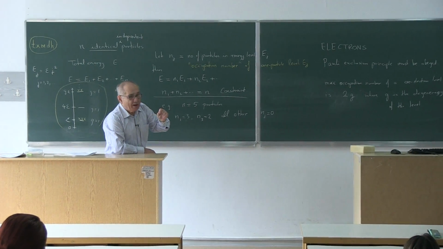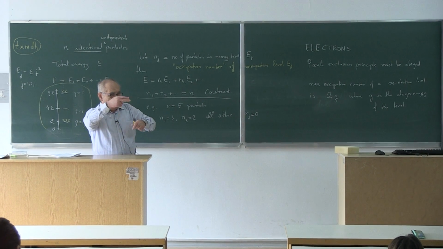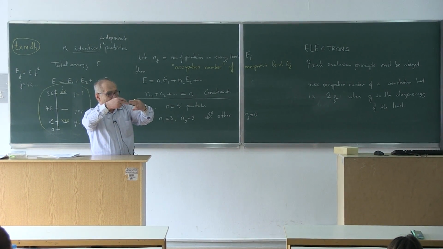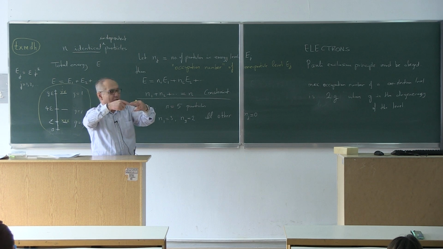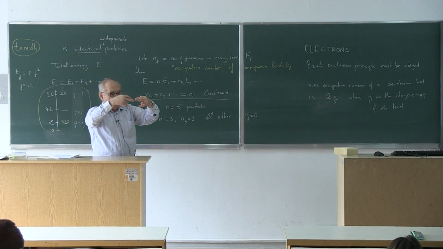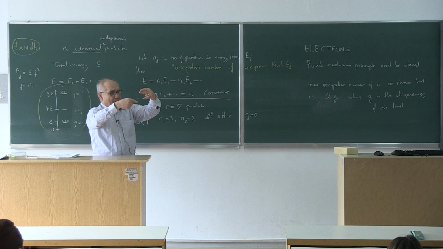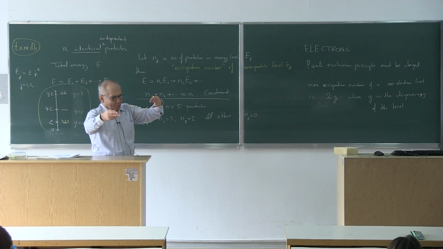Okay? And what are the other possibilities? If the maximum occupation number is 2, there can be no higher values for the occupation number. 2, 1, 1 is also possible, and also 0. 0 means unoccupied.